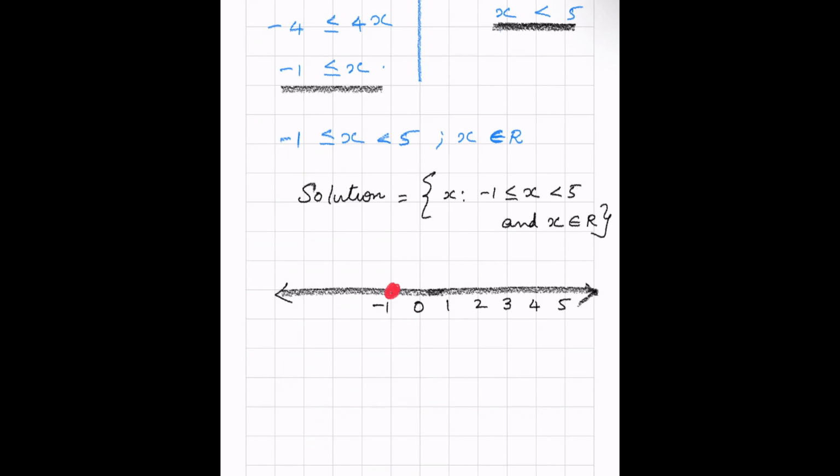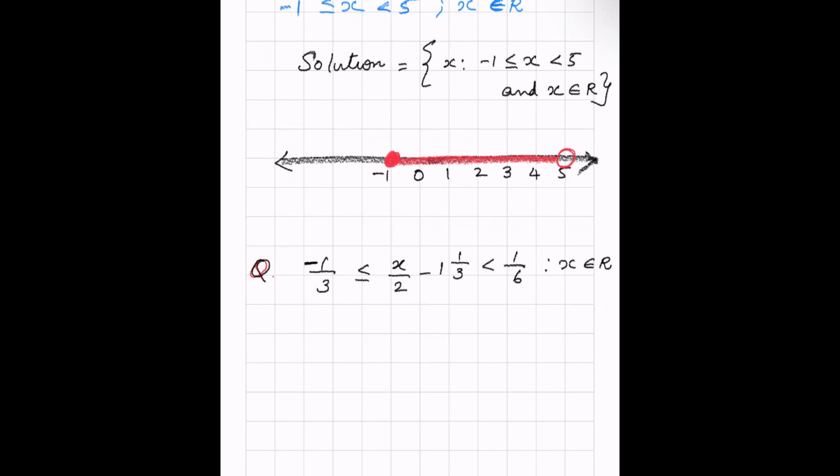Now, towards 5, it is x less than 5. Less than 5 means 5 is not included. Not included, you will represent by a hollow circle, and then you highlight this. This entire part is the range of possible values for x.